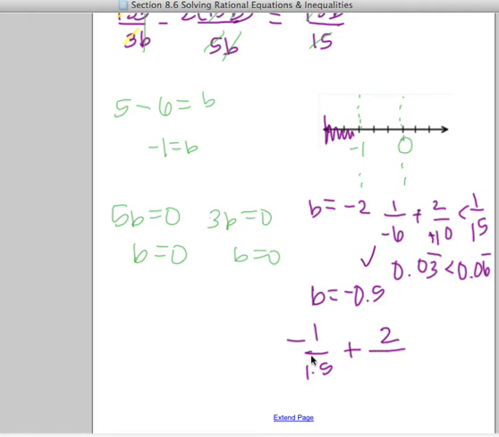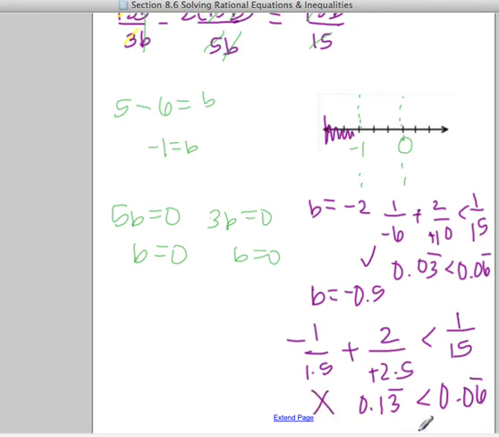Sorry, this was subtraction, right? There we go. So this is subtraction. In my denominator, I have 5 times negative 0.5, which is negative 2.5. Now I will have a plus. Is that less than 1 over 15? Once again, I calculate my left-hand side on my calculator, and I get 0.13 repeating. Is that less than 0.06? No, it is not. So I do not include this part in my shaded part.